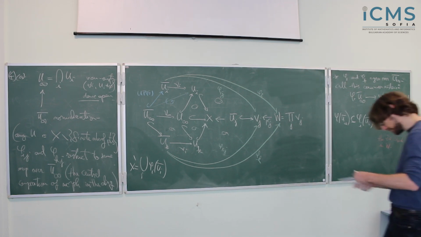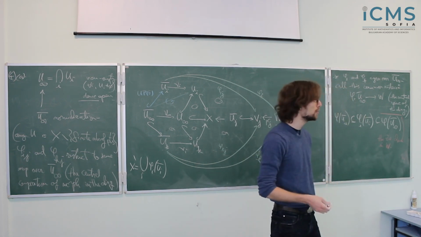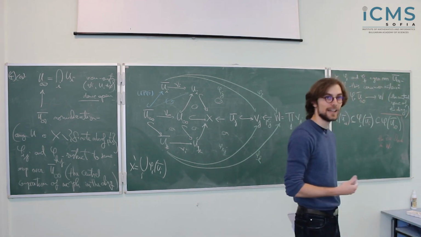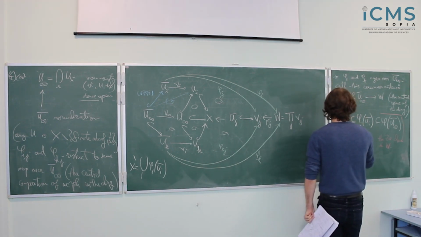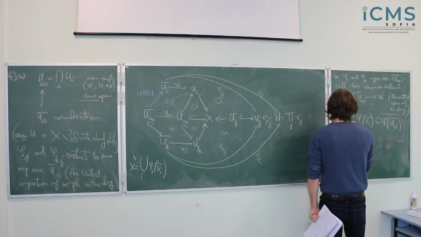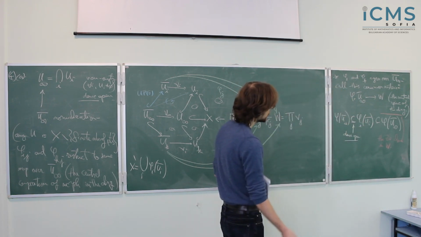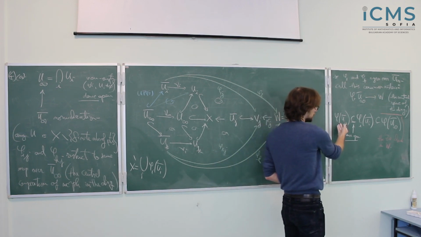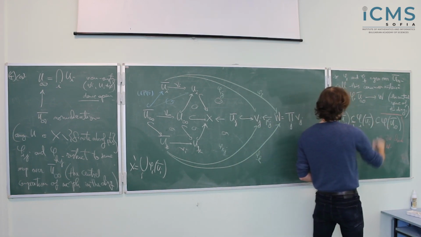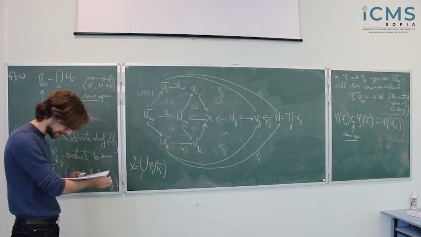The reason here is that all these maps, remember that all of these opens are dense in each other, right? So this inclusion is a dense open. So naturally, if I take its closure, then it will contain everything it needs to. Okay.